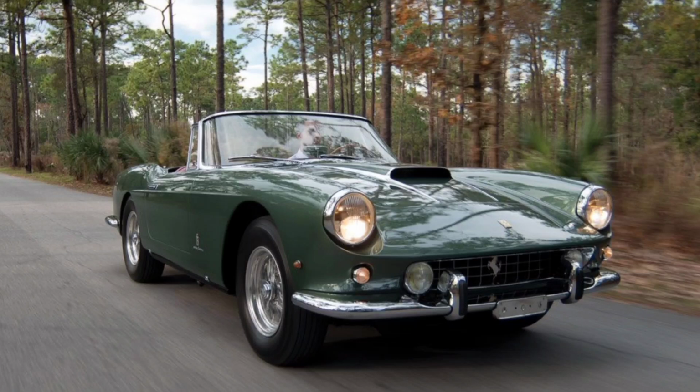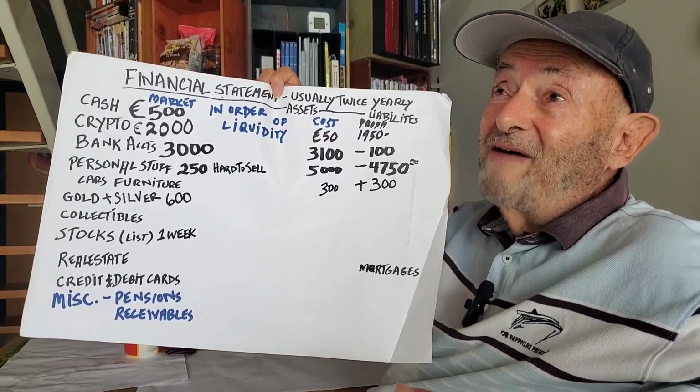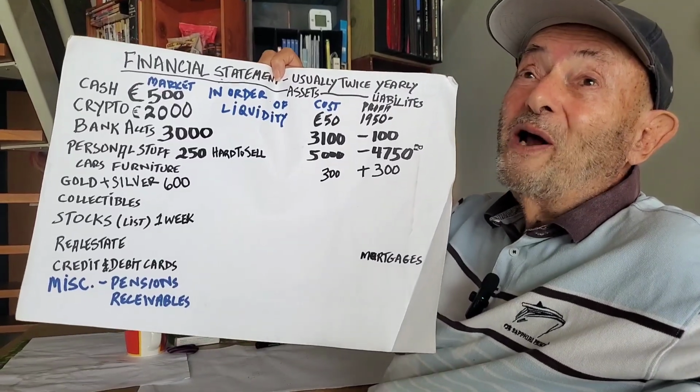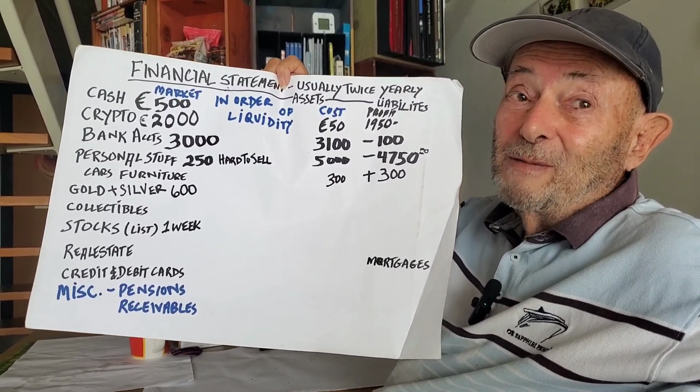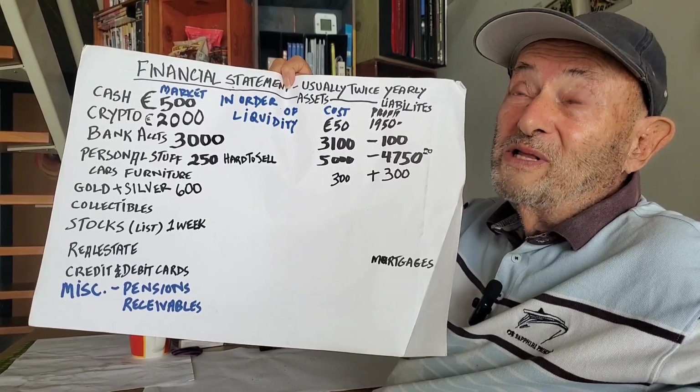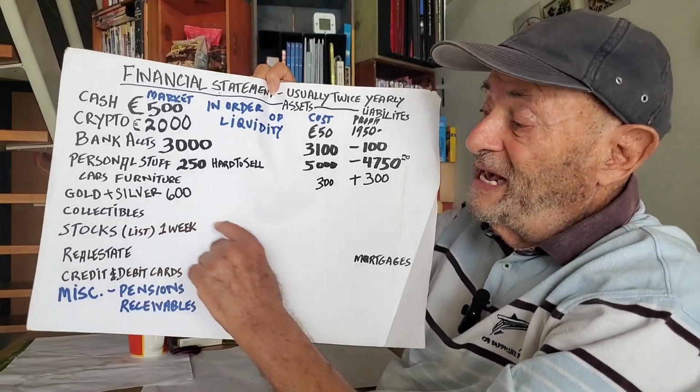Huge top speed. But the problem with it is the door handle would fall off, the top wouldn't work right. And so I sold that Ferrari. I bought it for 7,000, sold it for 5 or 6. Haha, saw it at auction for over $1 million. So the thing about collectibles is you never know what they're going to be worth 20 or 30 years in the future. Okay, I'm going to fill that in.